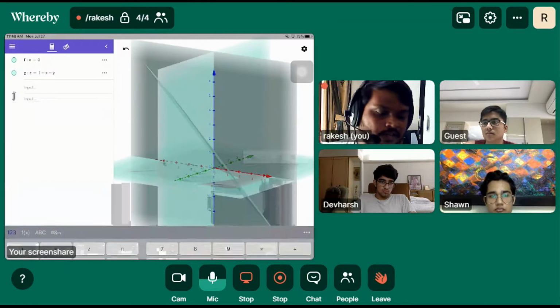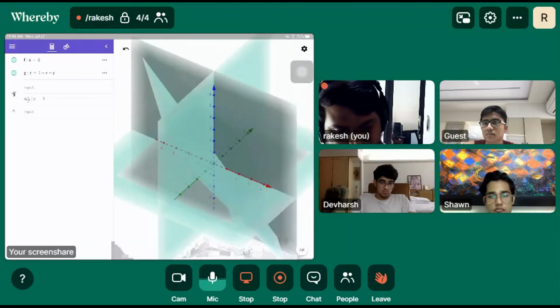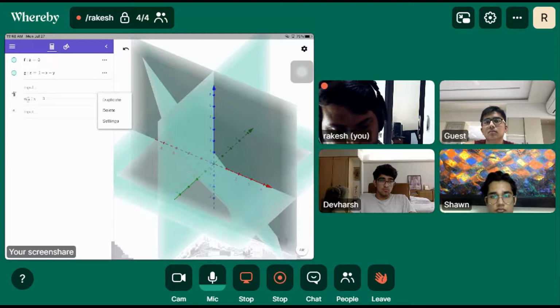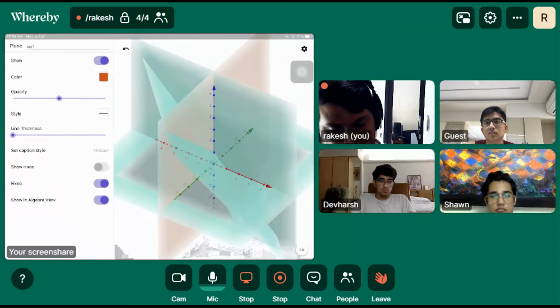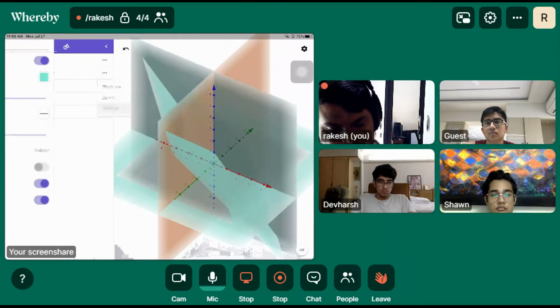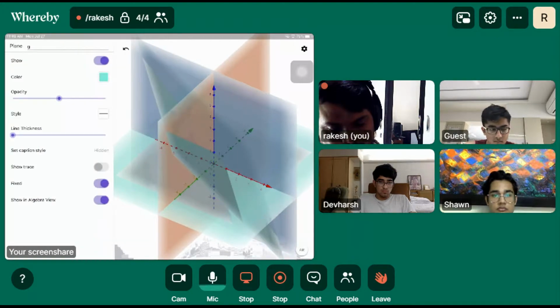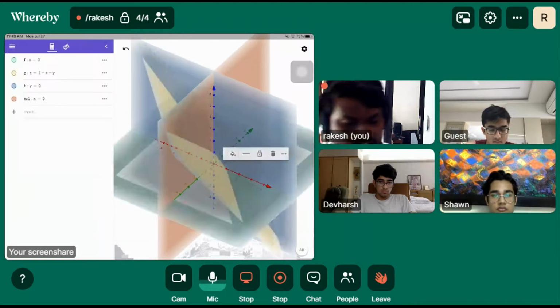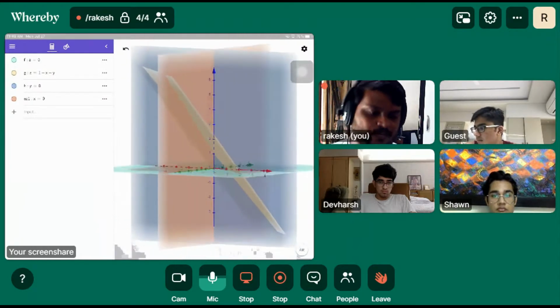So it is bound by all of these. See here, our region is between all these planes.